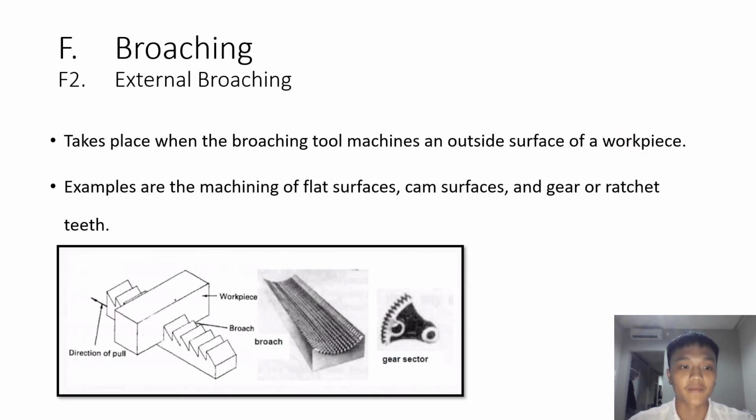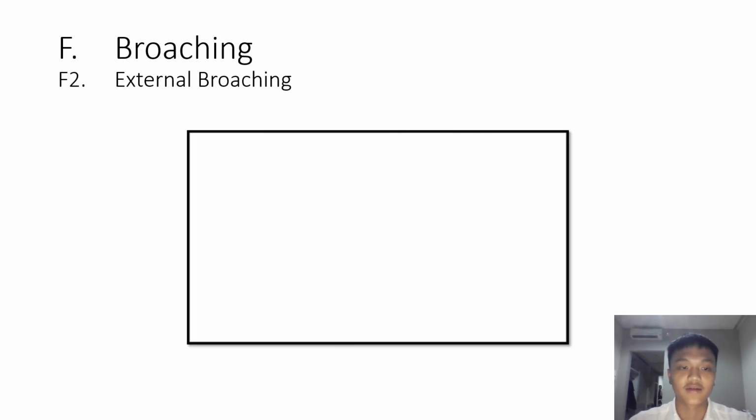The next one is external broaching. External broaching takes place when the broaching tool machines an outside surface of a workpiece. Examples are the machining of flat surfaces, cam surfaces, and gear or ratchet teeth.